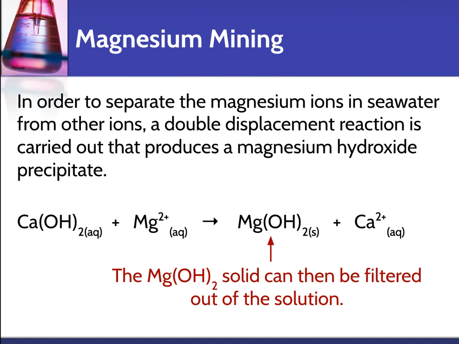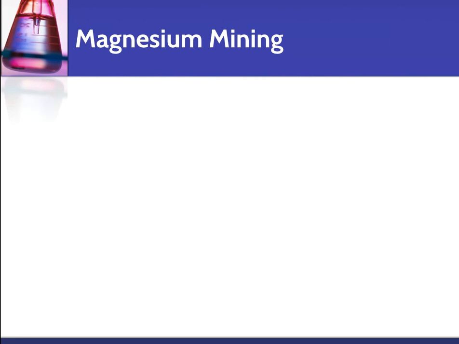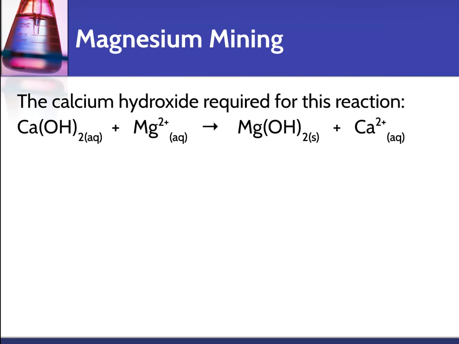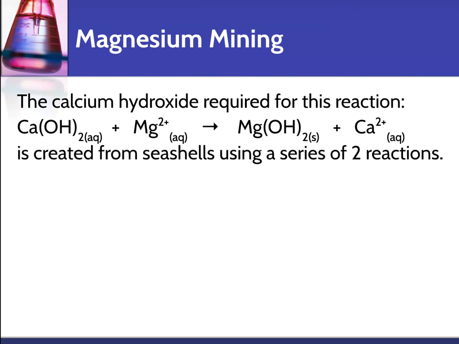Before we talk about the next step in getting magnesium, we're going to talk about the calcium hydroxide that was used in this reaction. The calcium hydroxide that is used in this initial reaction also needs to be created, and this is done using seashells and a series of two reactions.